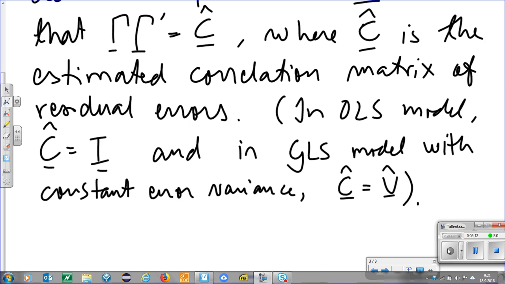In the OLS model, this C matrix would simply be the identity matrix. In the GLS model where we assume constant error variance, so where we only model the dependence of the data, but the assumption about the constant variance is kept as in the OLS model, the C matrix is equal to the V matrix.